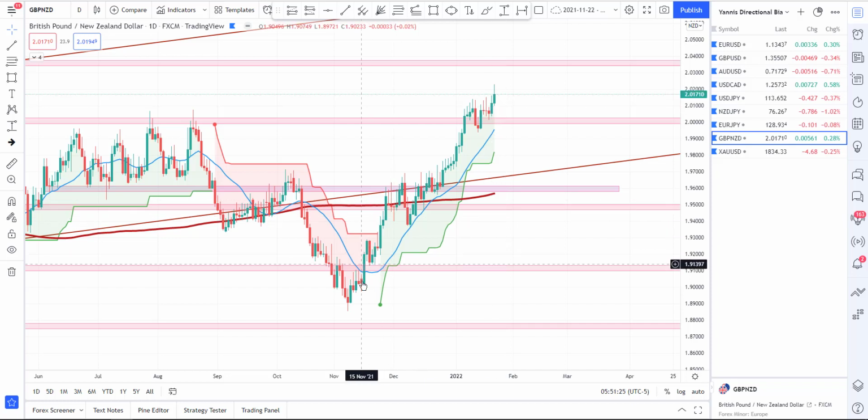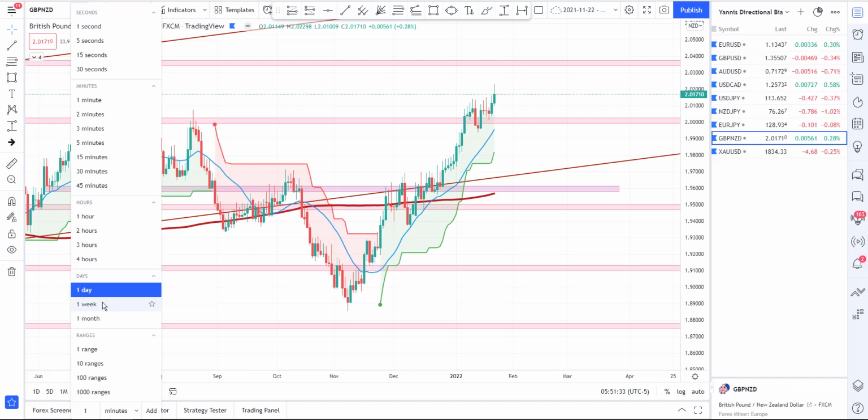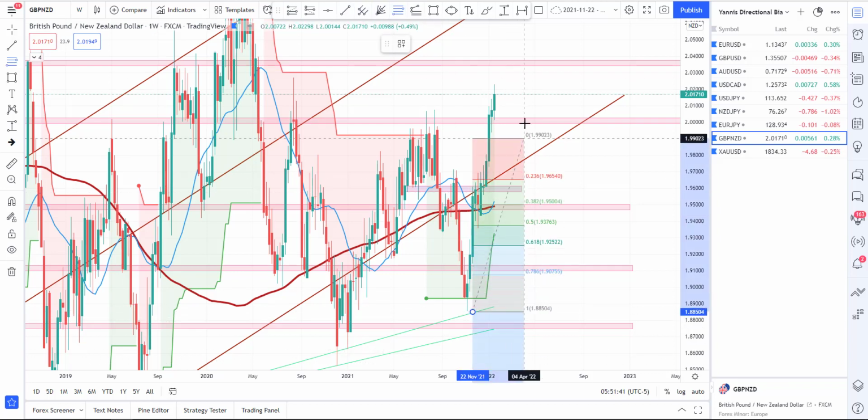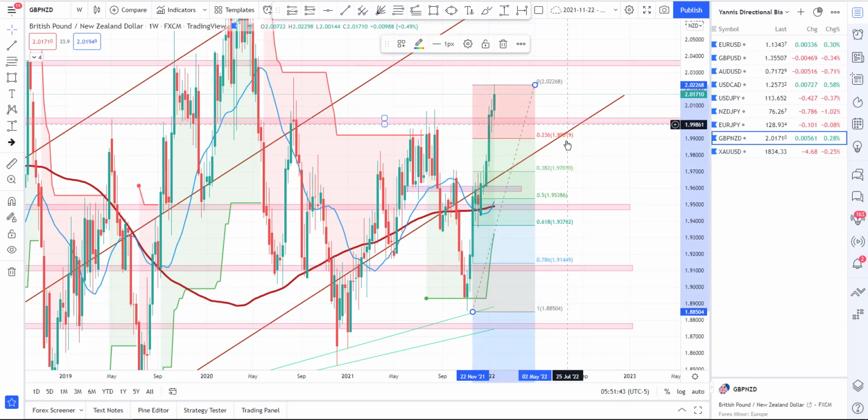It's more than that, almost a straight up line, especially on the weekly time frame, without any kind of decent retracement. And like I said, I would love the pair to get back down to at least the 0.382 or the 0.5, and why not even the 0.618.